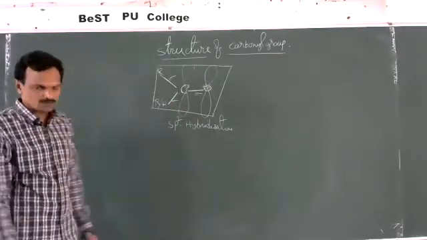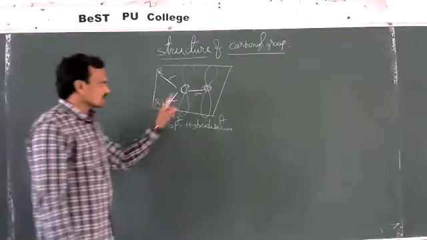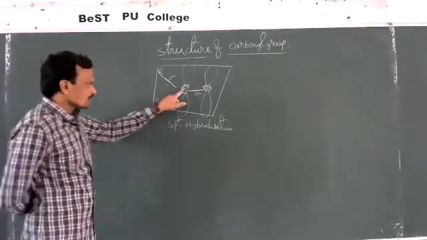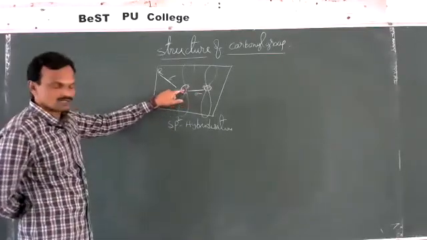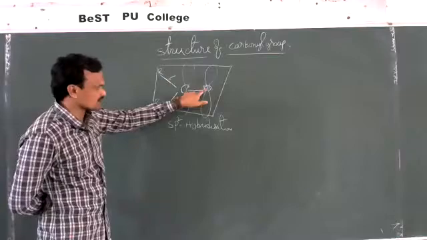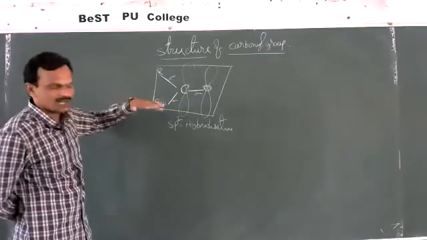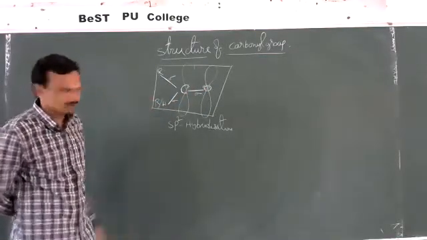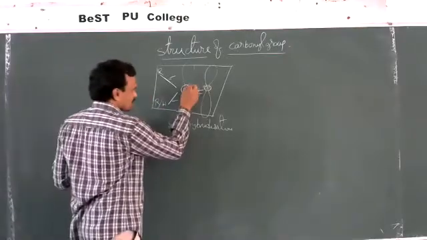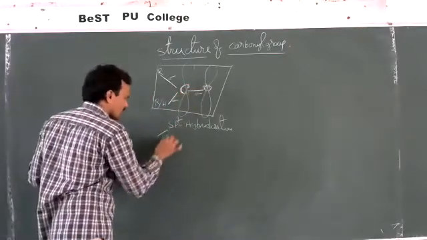Now the unhybridized p orbitals of the carbon as well as oxygen overlap perpendicular to the plane of the carbonyl group. The geometry of this carbonyl carbon is trigonal planar.